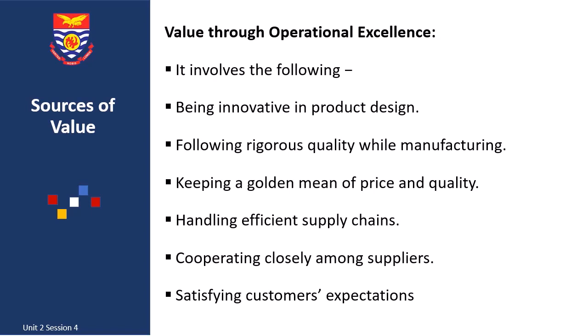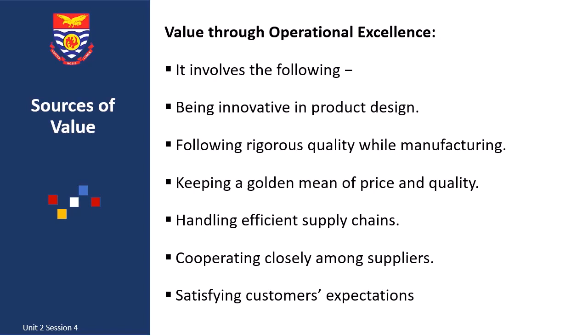Then you handle an efficient supply chain. Efficient supply chains are characterized by little or no waste. It is a supply chain that does the right thing at the right time so that time is not wasted and money is not wasted, because as the saying goes, time is money.